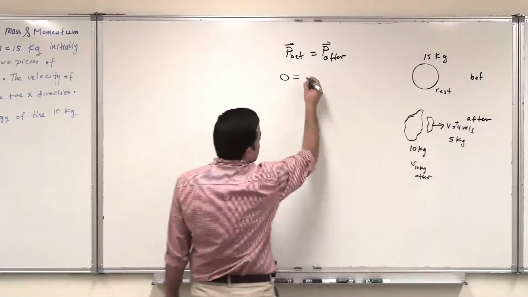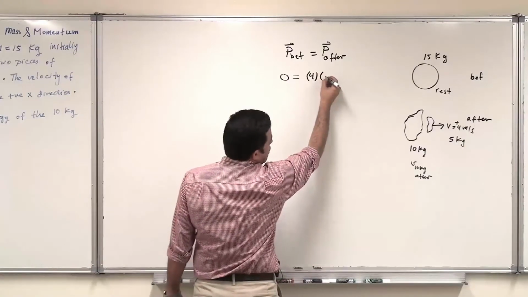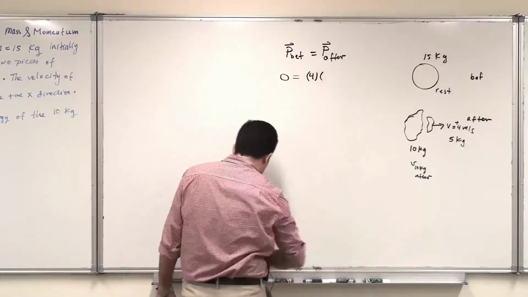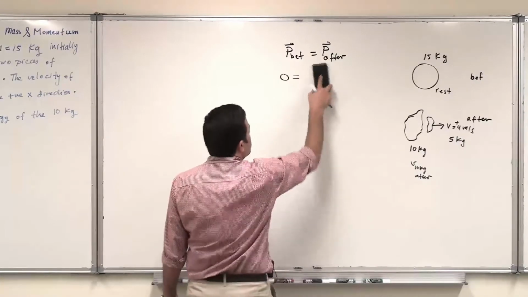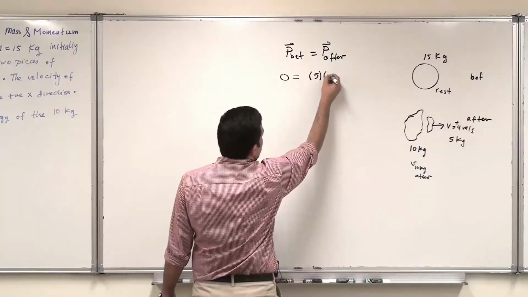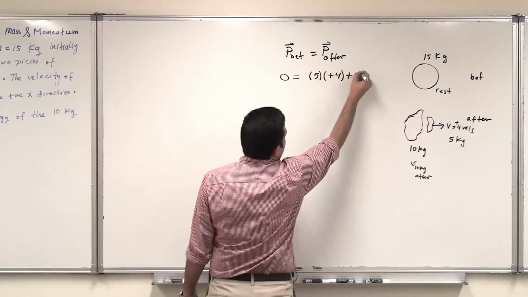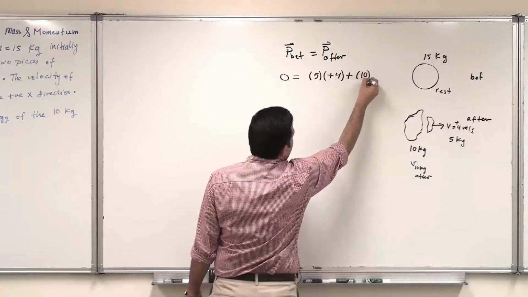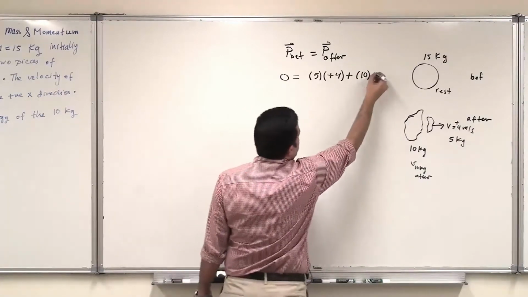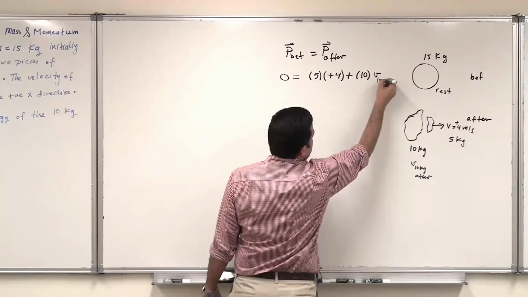This one is the 5 kilogram mass multiplied by a velocity of 4 in the positive x direction, plus the second mass, the 10 kilogram, multiplied by a velocity we don't know. So this is V of the 10 after.